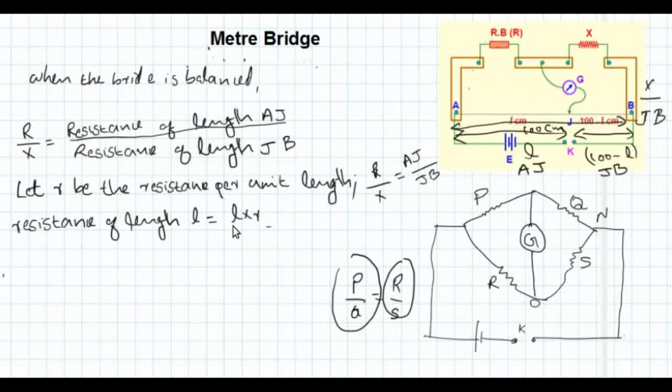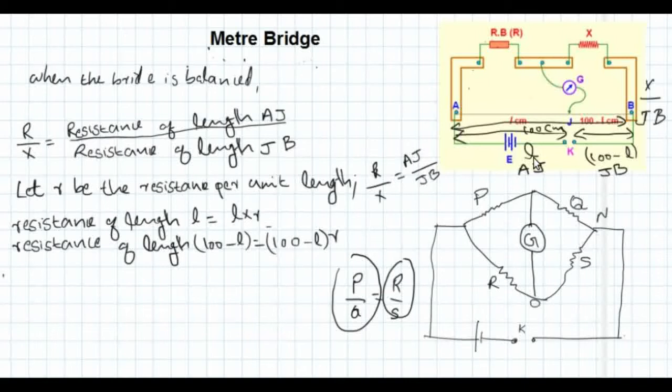The length L into the resistance per unit length. Similarly, what is the resistance of the side JB? JB represents 100 minus L. So the resistance of the length 100 minus L should be the resistance per unit length into the length, that is 100 minus L into r.